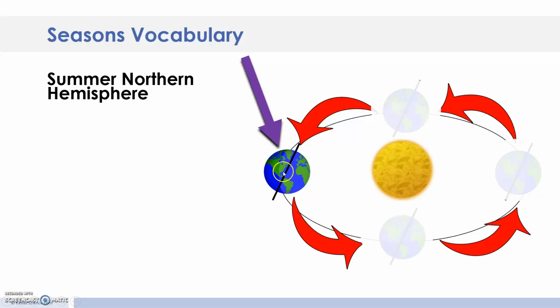It's invisible on this picture here. But if we were to split it in half at the equator, above it is the northern hemisphere, where the North Pole is, and below it is the southern hemisphere, where the South Pole is. So we'll talk about northern hemisphere and southern hemisphere quite a bit here to differentiate between the two different places, because they have different seasons at different times.